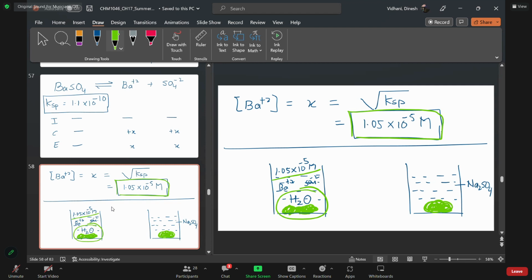And it will depend upon how much sodium sulfate we have. Suppose the concentration of sodium sulfate is 0.02 molar. If I give you that concentration, can we find how much barium sulfate now went inside the solution? It's quite easy.